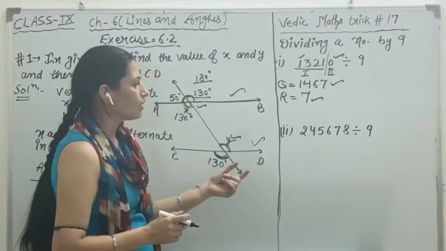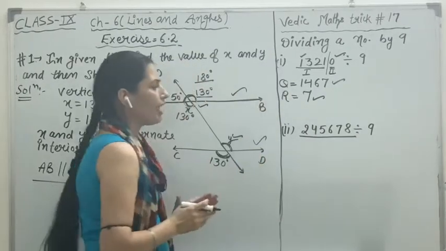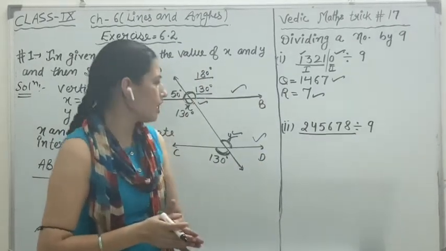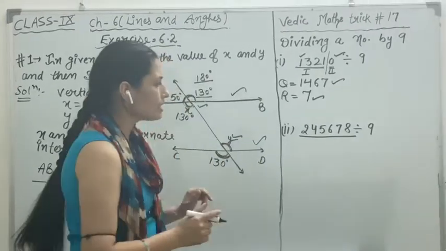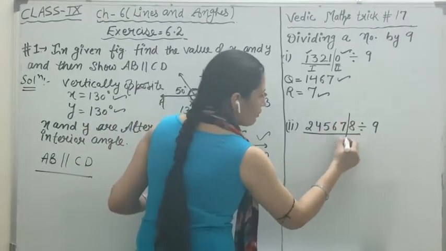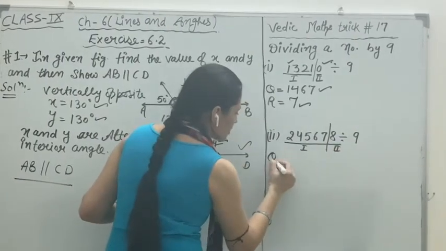Second, what is the quotient and the remainder when we divide 2,45,678 by 9? In the same way, first we divide into two parts, part number 1 and 2. The quotient starts with 2.